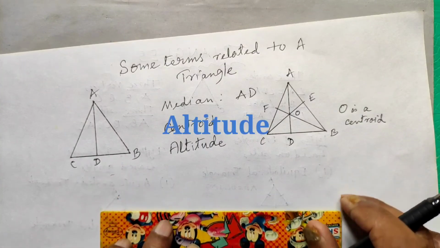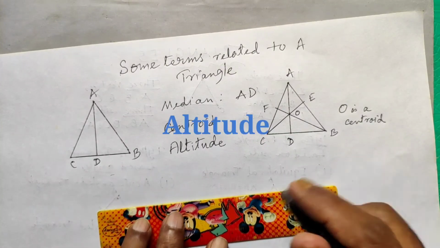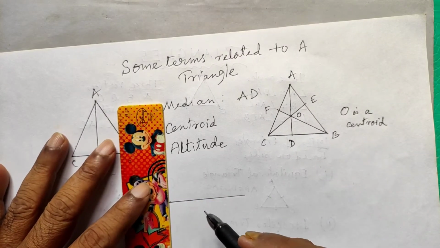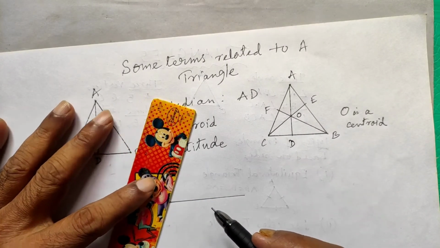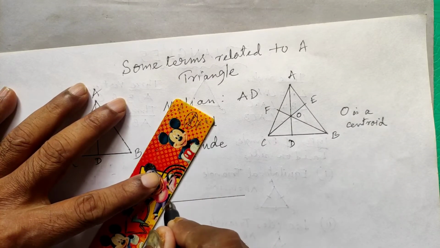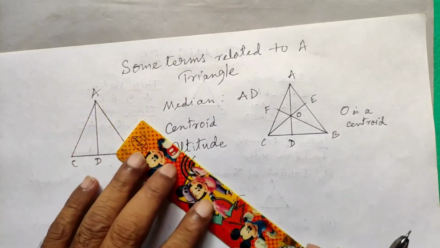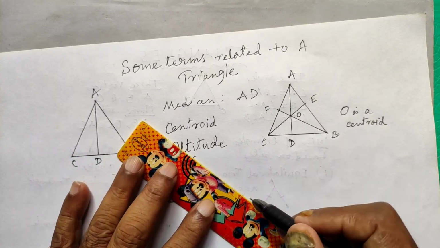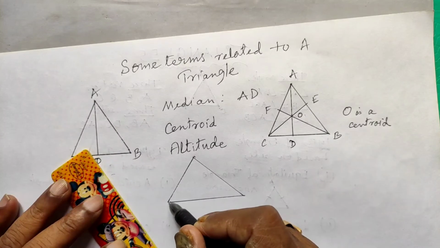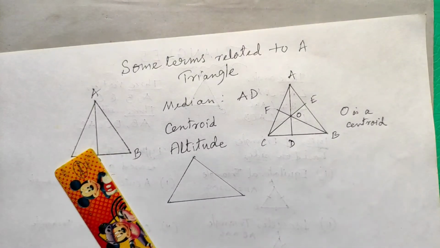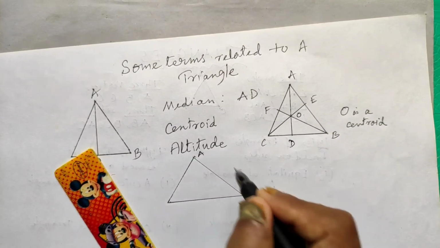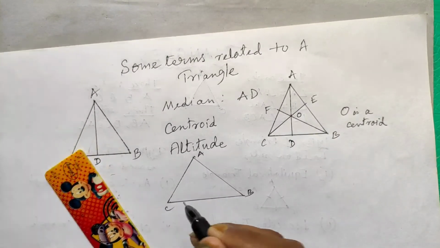So now we can draw this altitude by drawing another triangle. This one is a triangle. Now you want to find the altitude or the height of this triangle ABC.